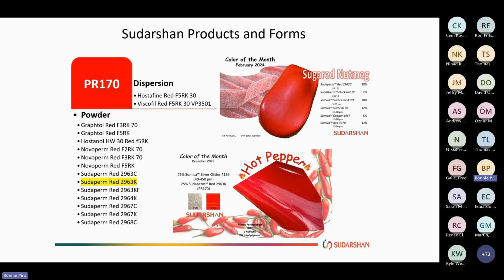I added a couple of color designs that I've done over the years here, both in a coatings formulation as well as a plastics formulation, and in both cases, even though this is more towards an opaque type pigment, the use of some mica does show up in these formulations, so that makes some very attractive colors with Pigment Red 170.